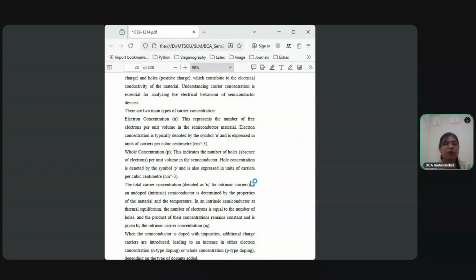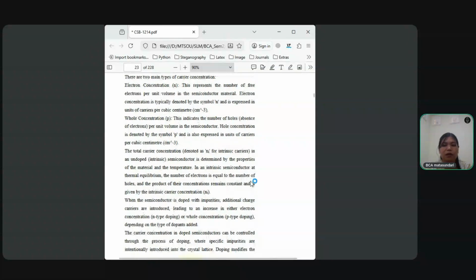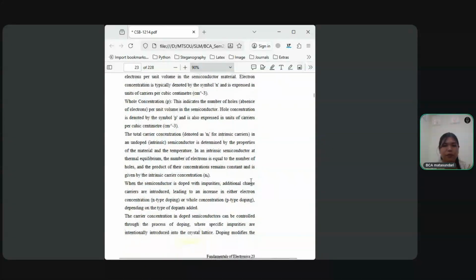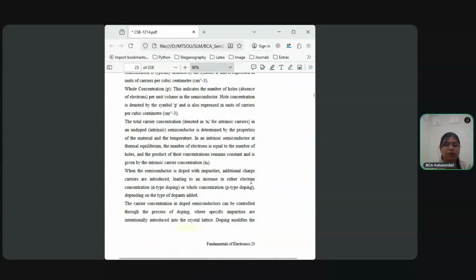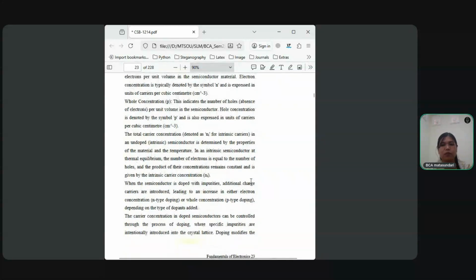This indicates the number of holes, absences of electrons, per unit volume in the semiconductor. It is also expressed in the unit of carriers per cubic centimeter, that is cm to the power minus 3.